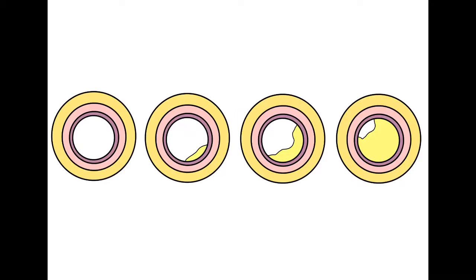The final thing that we want to talk about is something called atherosclerosis, which is a really long and hard to pronounce word. And it's basically the hardening and narrowing of your arteries. So what happens is, again, this is our normal artery on a regular day. Over time, you can actually have fatty deposits start to build up.